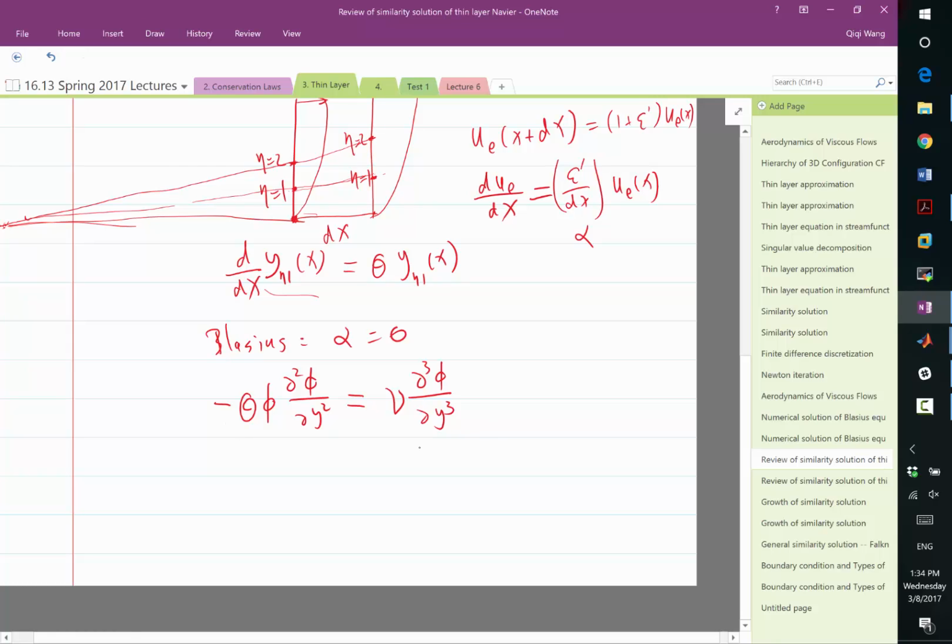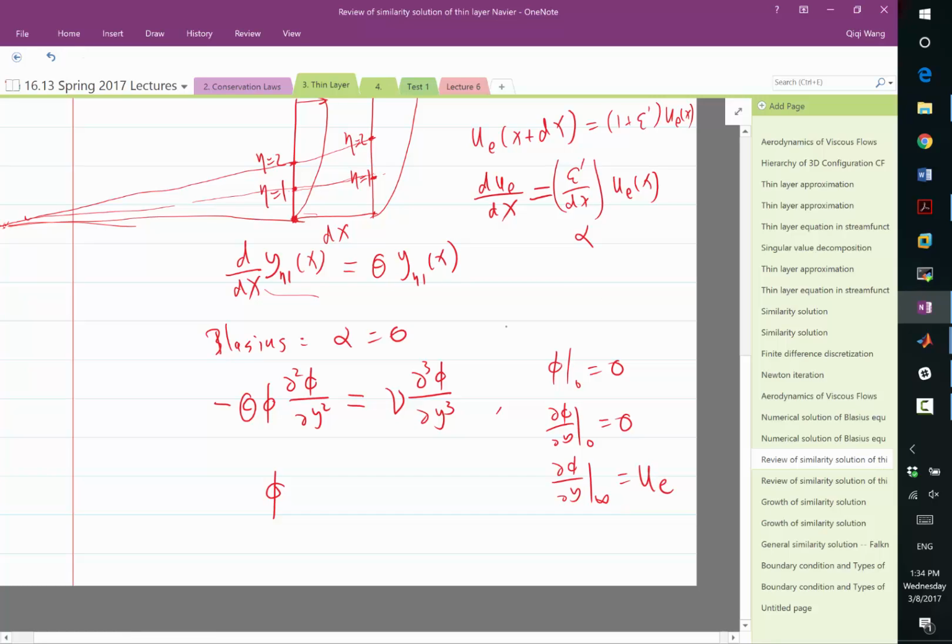And from this equation, we can deduce that the solution depends only on y and nu over theta. Right, so the phi, with the boundary condition phi of 0 is equal to 0, d phi dy at 0 is equal to 0, and d phi dy at y equal to infinity equal to ue.